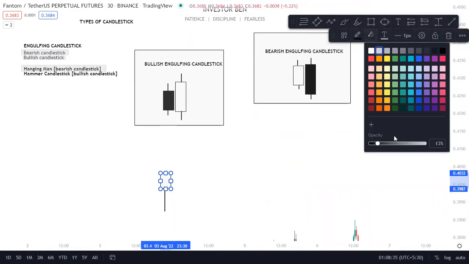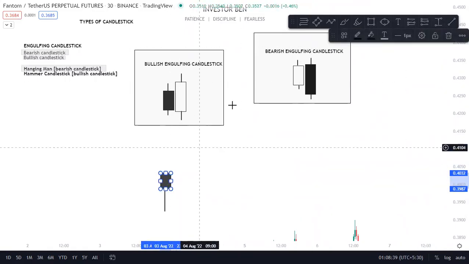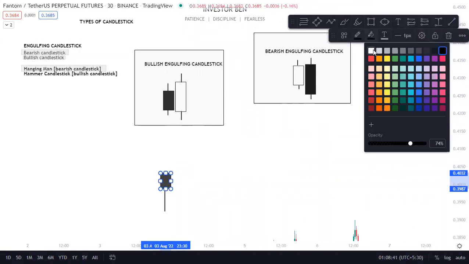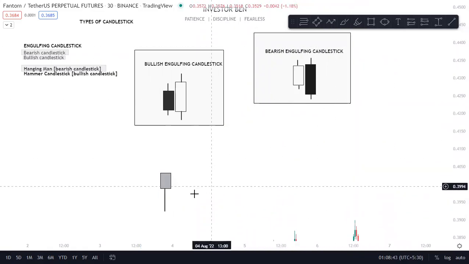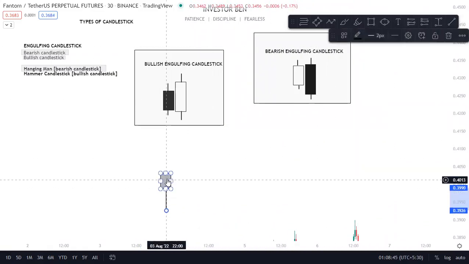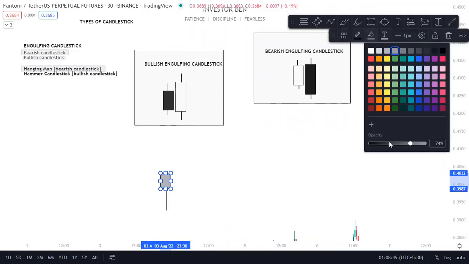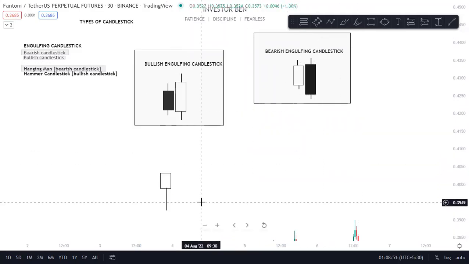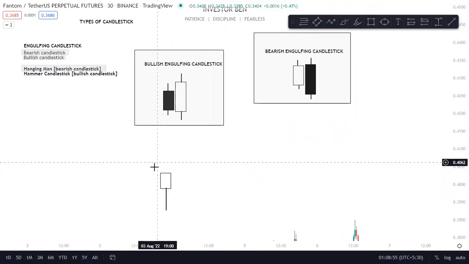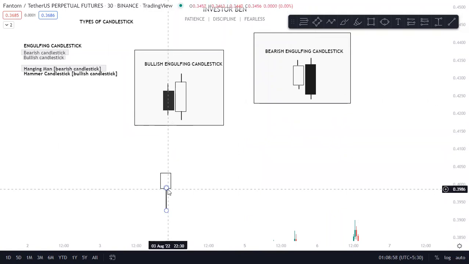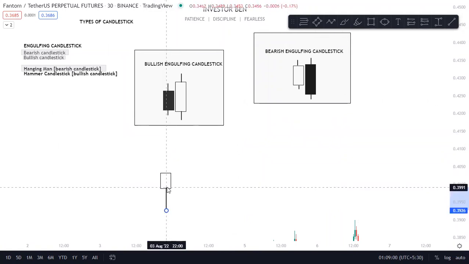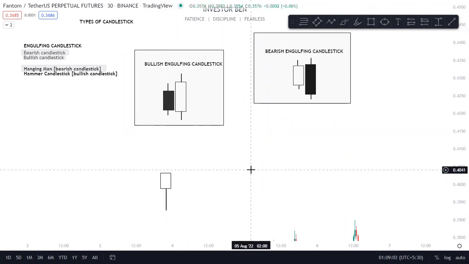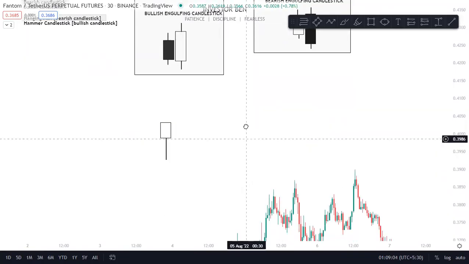It can have any color, right? As for the hanging man, the color doesn't really matter. Let's make this bullish. The hanging man has this shape of candle exactly like this, right? And this hanging man is found in a supply zone, at the top.